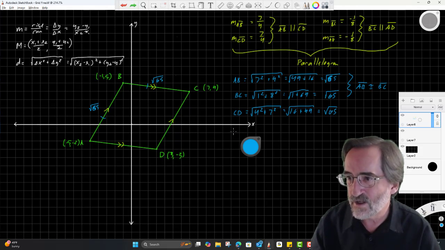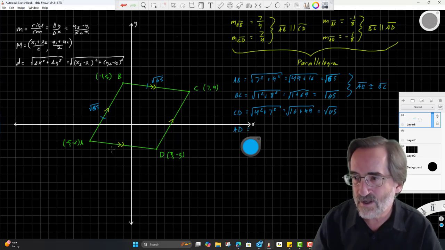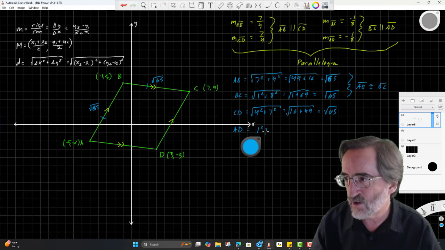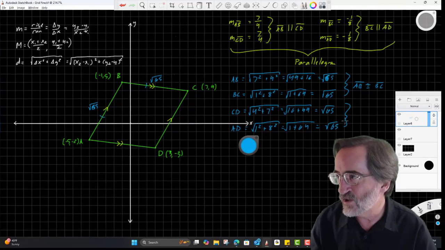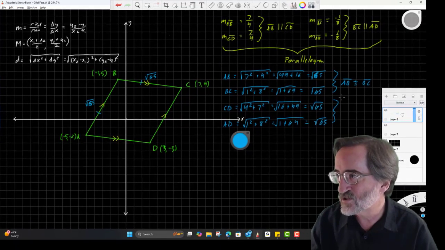And then DA, or AD, is 1 and 8, or 1 squared plus 8 squared, square root of 1 plus 64, is root 65. So all of this tells me that all 4 of these are congruent.